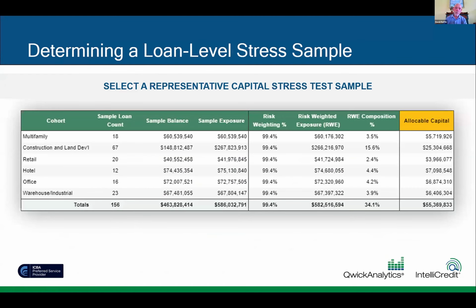From that point, the way we prefer to do it, we start with the typical subsets, and we look at what that covers in terms of exposure. Is it a statistically valid enough sample to withstand scrutiny by an auditor, an accounting lens, a regulatory lens, or an investor lens if this is being used for any type of credit mark work?